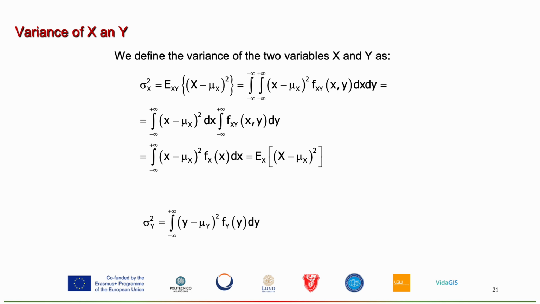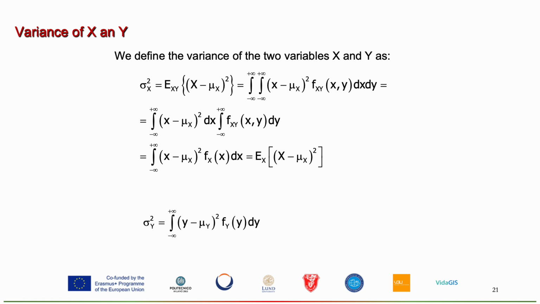What about the variance of x and y? Let's start with the definition of the variance of x. The definition is the standard one, the expectation of x minus mu x squared. To compute this quantity, we need a double integral between minus infinity and plus infinity in dx dy of x minus mu x squared that multiplies the joint density function f x y.